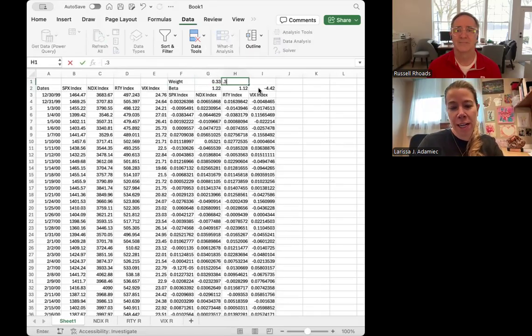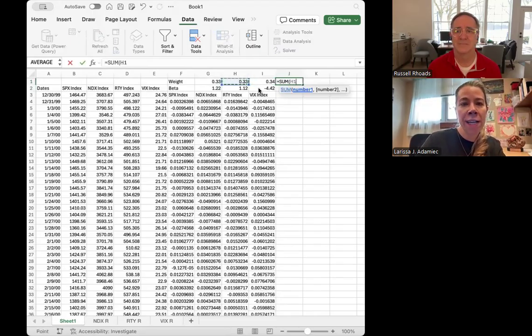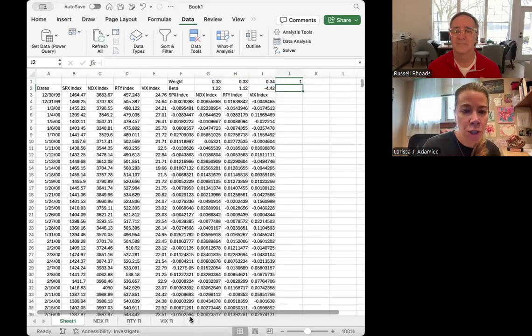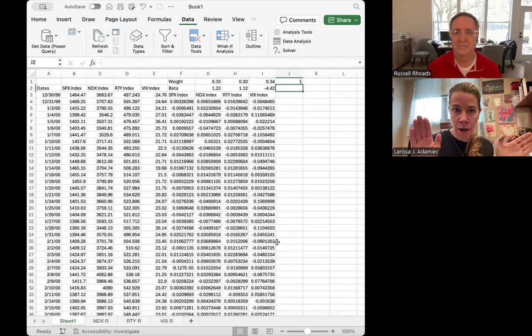So we're just creating an equally weighted portfolio, so the sums of these weights need to be 1. Now, we've got our beta set up, we've got these all set up, but we have to figure out what days we're going to look at.